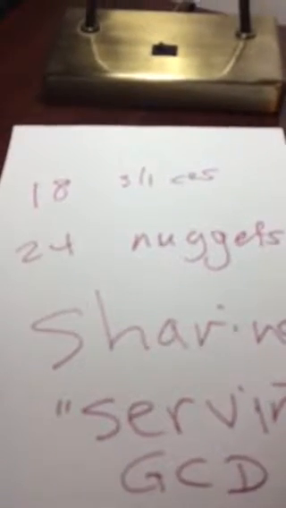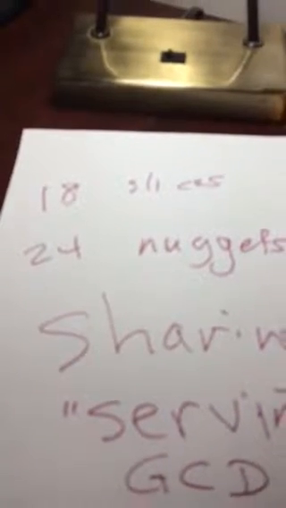Now obviously if you try to give everybody one slice of pizza, the problem is you're going to end up with 18 plates and you're going to have some nuggets left over. After the 18 nuggets, you're going to still have 6 nuggets left over. So we can't have 18 plates. Let's try. Can we have 9 plates?